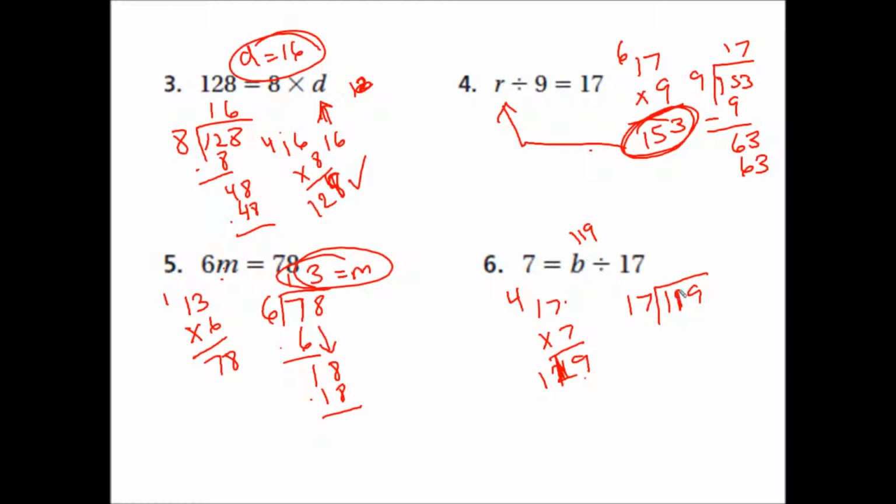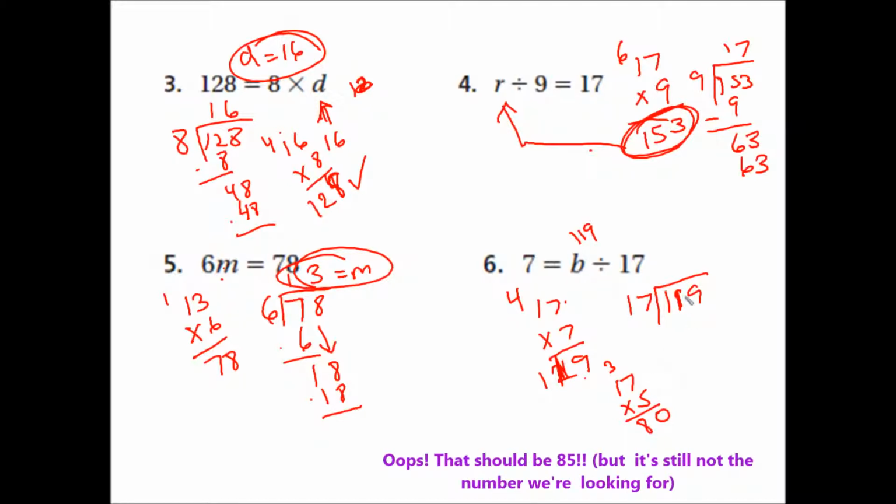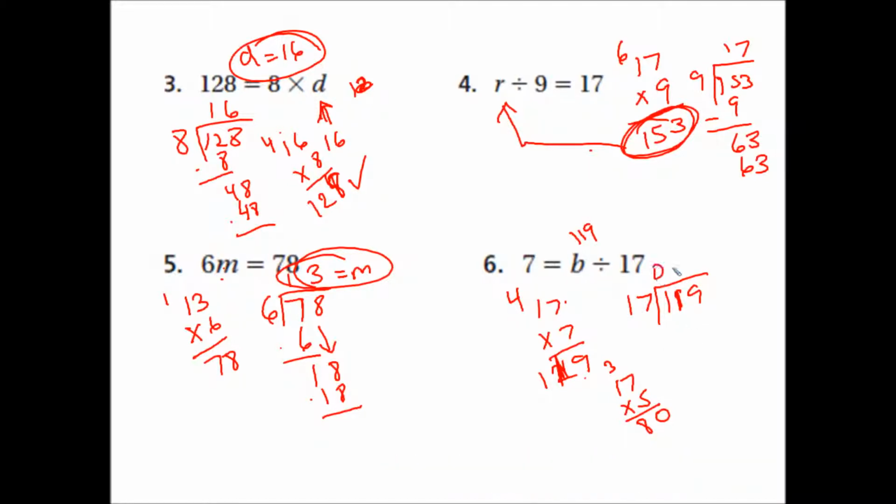So I'm going to guess and check. Well, 17 goes into 1 0 times. It goes into 11 0 times. So I need to figure out how many times 17 goes into 119. 80 is too small.